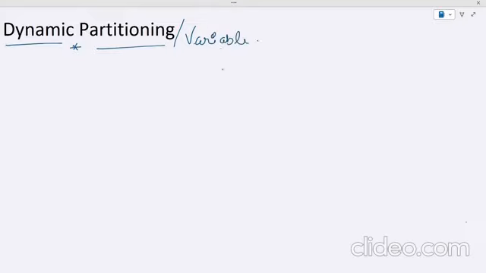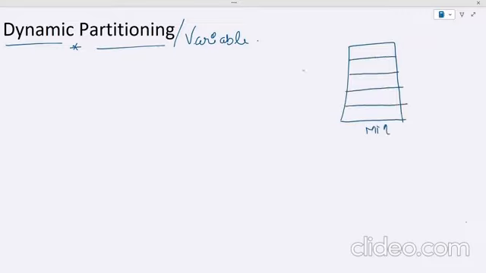Why do we say variable, why do we say dynamic? Because here the space allocated to the processes in main memory is variable. Let's say that P1 needs 50 MB of space.